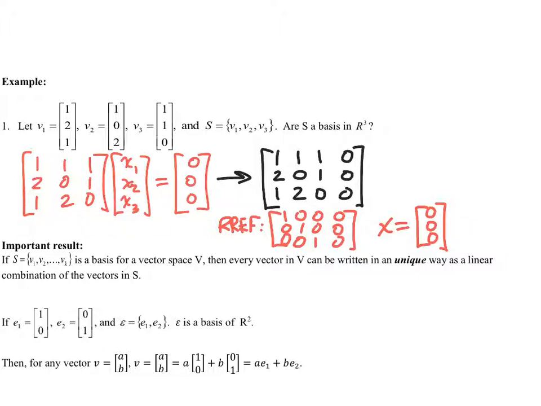For example, whether I take 2 times vector 1, or 3 times vector 1, or negative 1/2 times vector 1, I'm not going to be able to get vector 2.